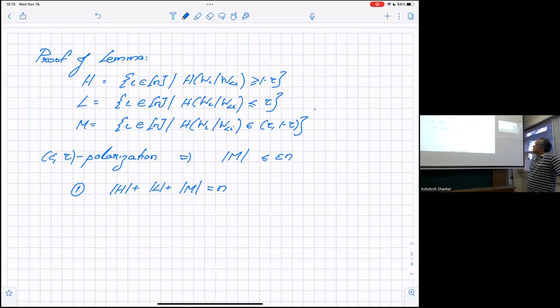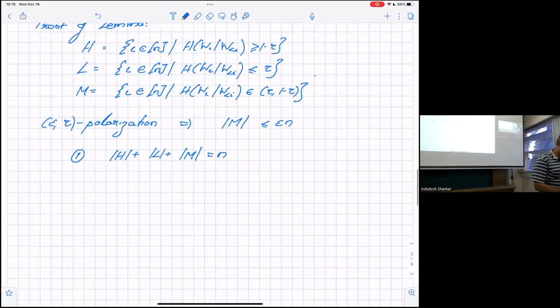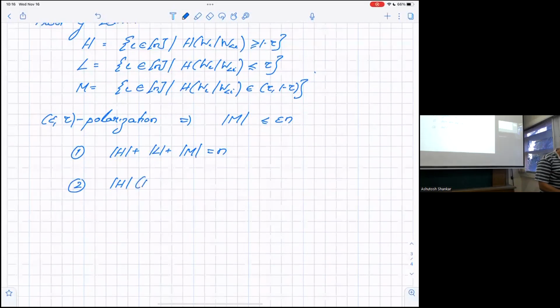So what do I want to do next? I want to put a bound on the size of H. The size of H times 1 minus tau is a lower bound on the total entropy of the n bits, because epsilon could have been 0, L could have been nothing, and tau could have been 0.